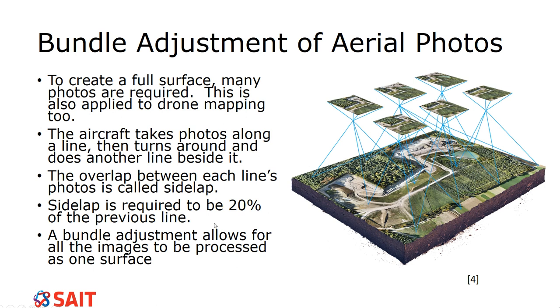So a bundle adjustment allows you to do all the images at once, whereas if you're only doing two images, you don't really need to apply a full bundle adjustment because you're not worried about that side lap. Drones are a really good example of having to do bundle adjustments a lot because drones do several passes and so they have to connect all those images together.